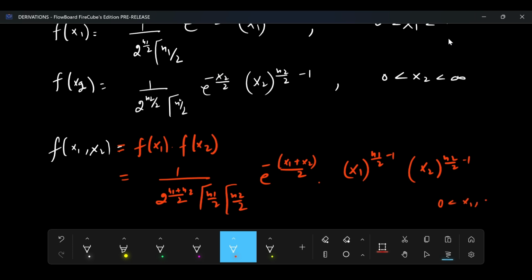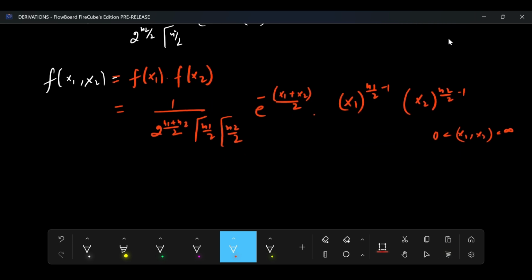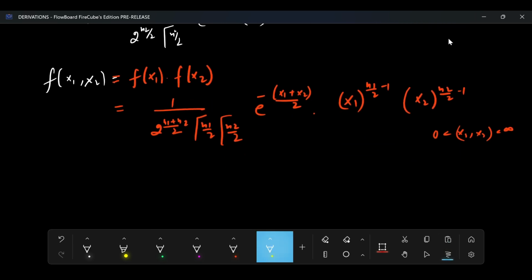So the range will be between 0 to infinity. Is this clear to you? What I did here, I simply wrote the joint distribution of x1 and x2, which is the product of marginals, and the joint distribution of x1 and x2 will be like this. Clear?